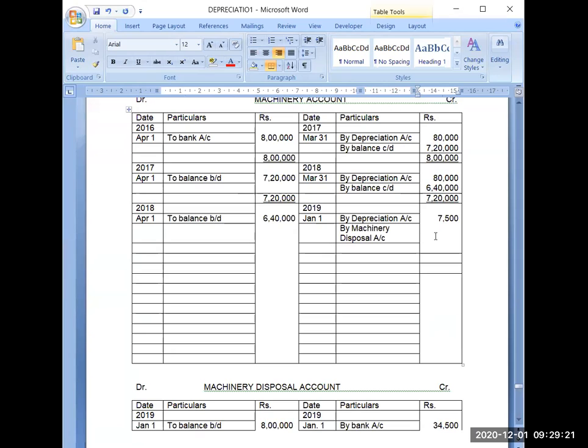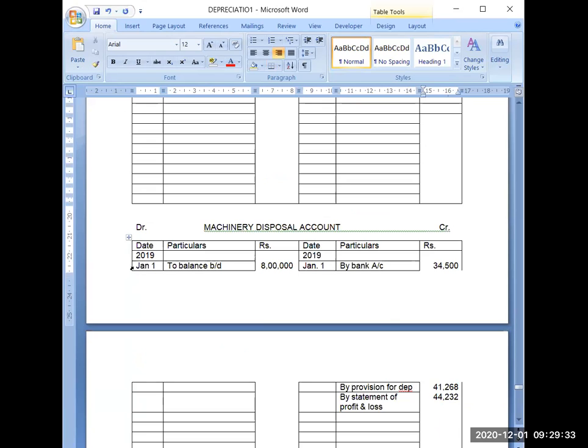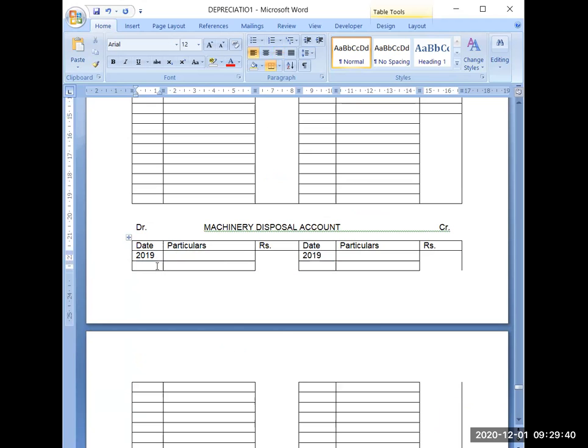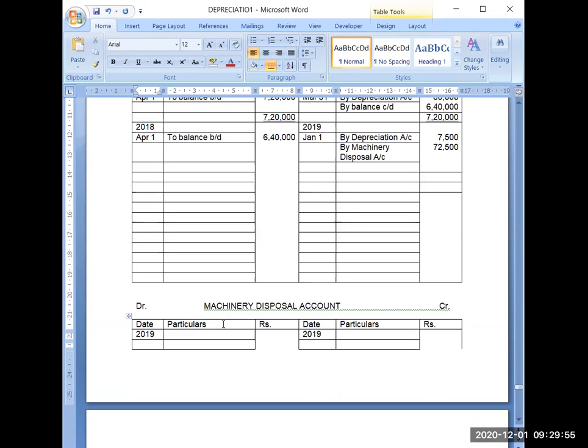So this written down value will be transferred from this account to the new account that is known as machinery disposal account. Now we will come to the machinery disposal account. And now see what will be the journal entry. It will be machinery disposal account debit to machinery account.